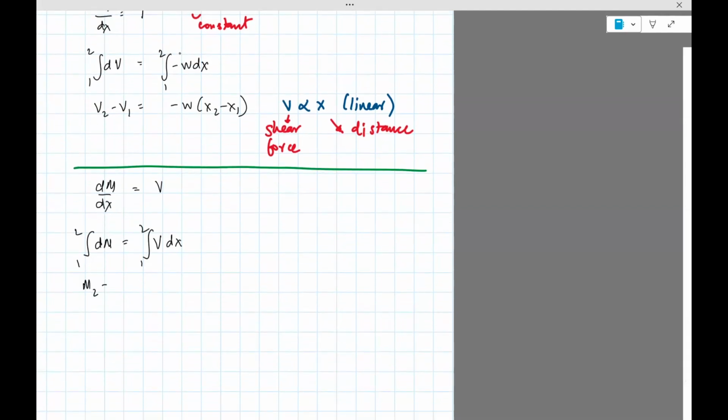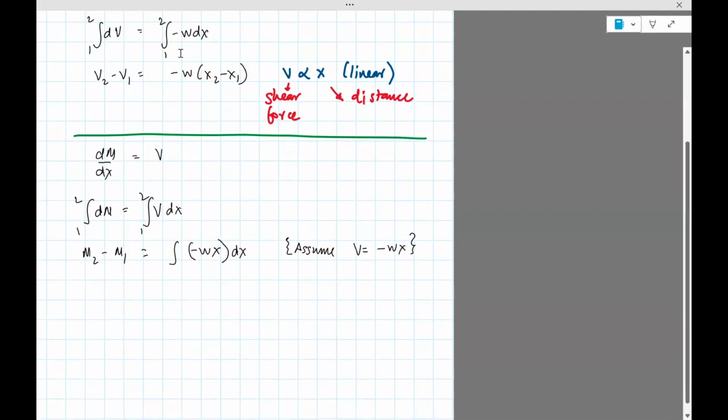So M2 minus M1 equals the integral of V dx. Now assume V is minus wx, that comes from the first equation, then this will equate to something like minus w times (x2 squared divided by 2 minus x1 squared divided by 2).